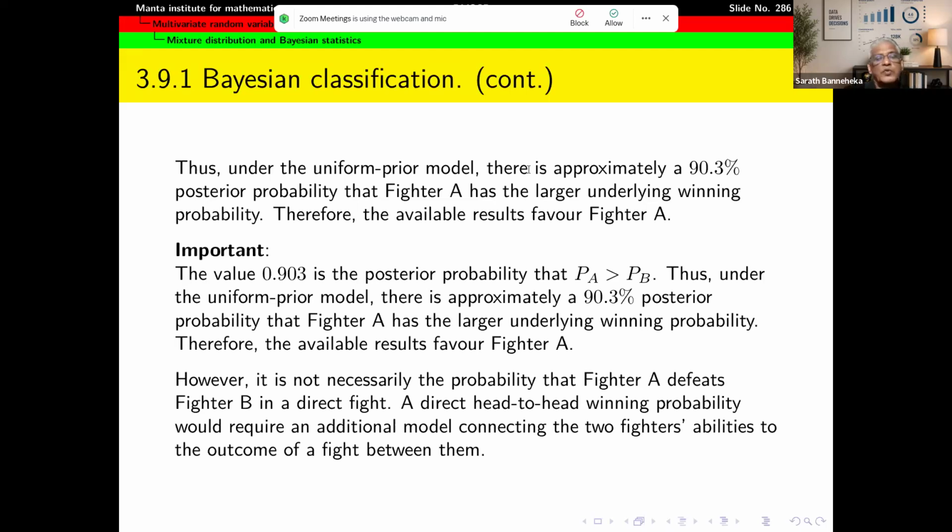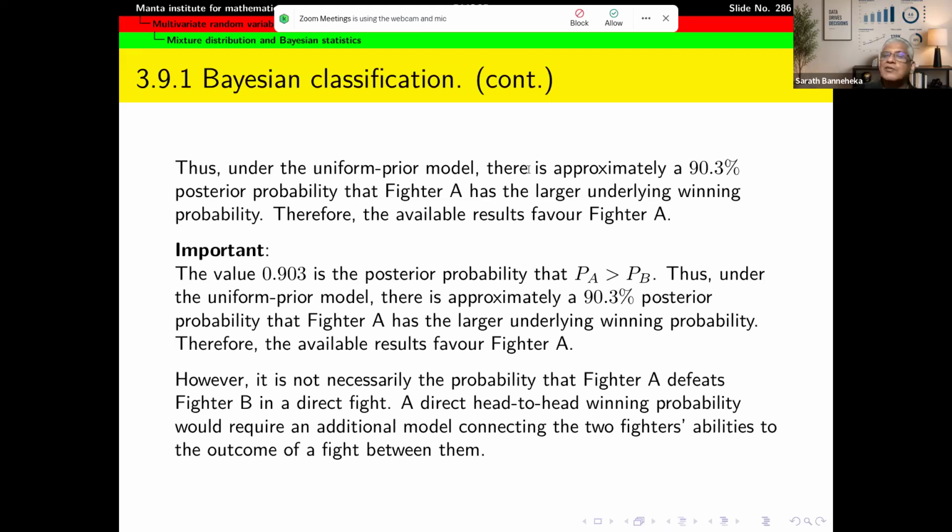Thus, under the uniform prior model, there is approximately 90.3% posterior probability that fighter A has a larger underlying winning probability. Right. So I have to mention that these words came from an AI actually. This is how AI is interpreting it.